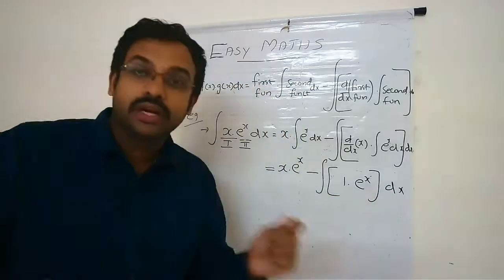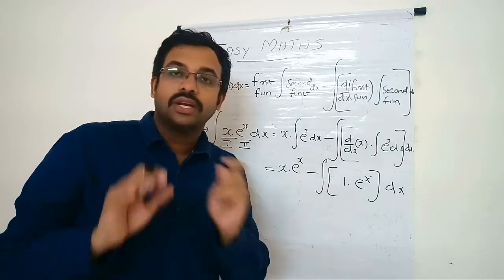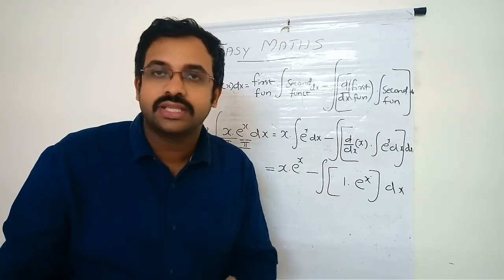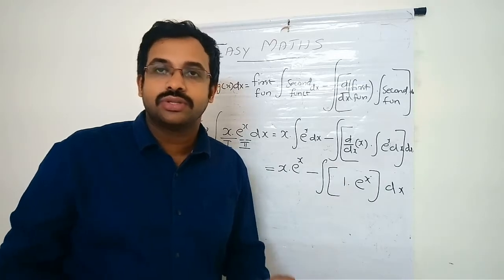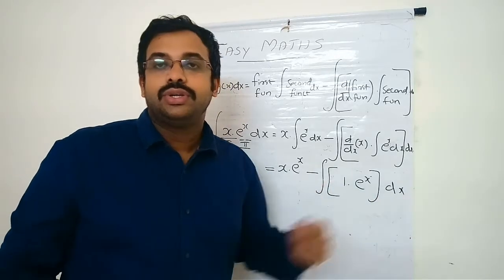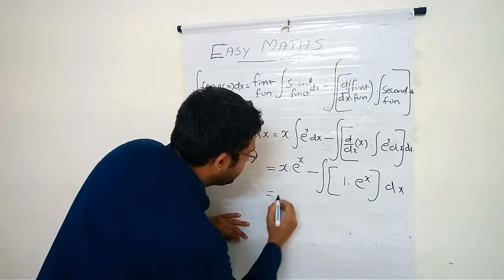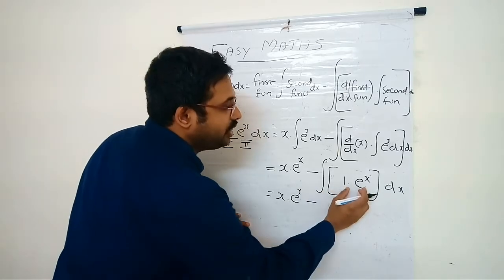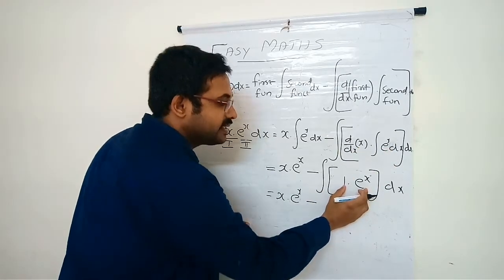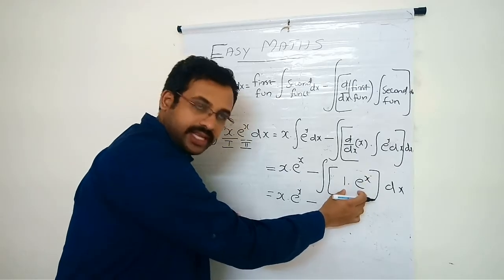Here, after integrating these two terms, we are not applying the integration constant. Finally we will add one integration constant for all these terms. So that is equal to x into e raised to x minus 1 into x, inside the bracket we simplified it as 1 into e raised to x. So 1 into e raised to x is e raised to x.